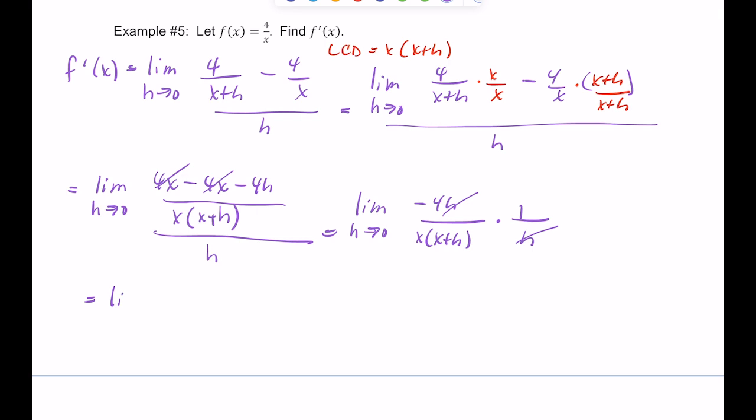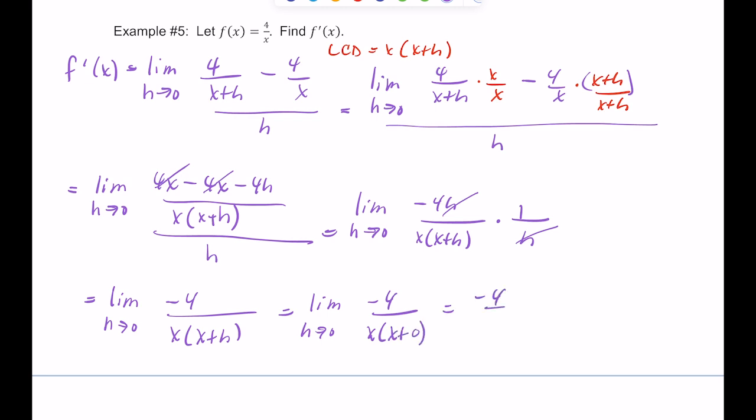And we're left with the limit as h approaches 0 of negative 4 over x times x plus h. And then we'll plug in 0 for h, and we're left with negative 4 over x times x plus 0, which is just negative 4 over x squared, or you can write it as negative 4x to the negative 2nd.